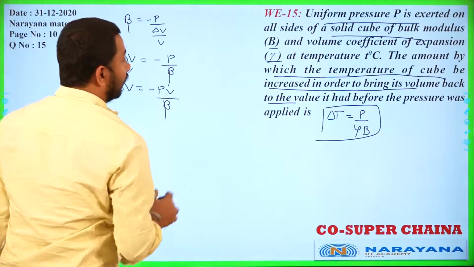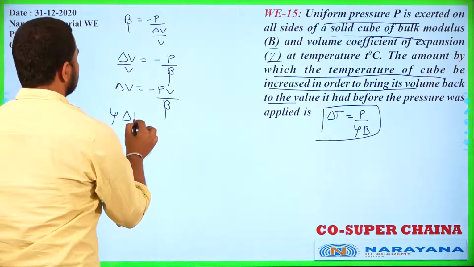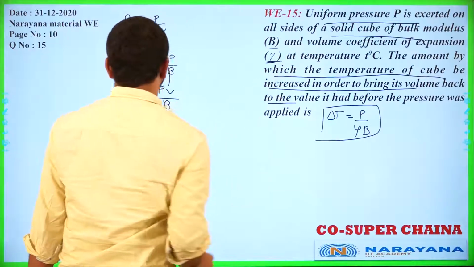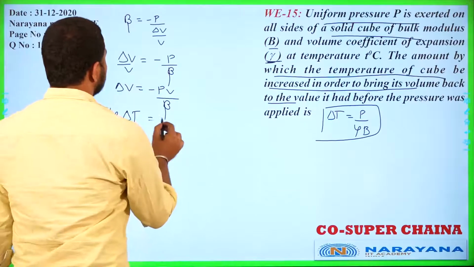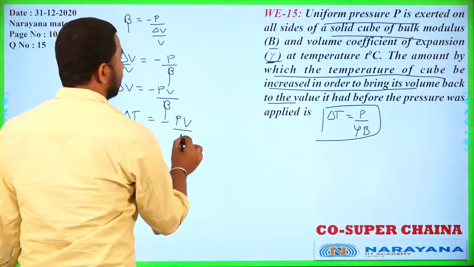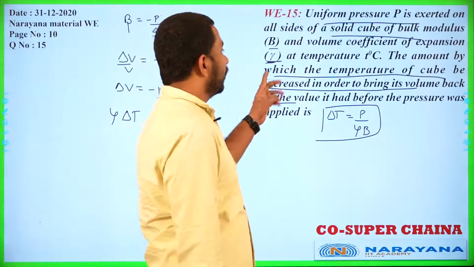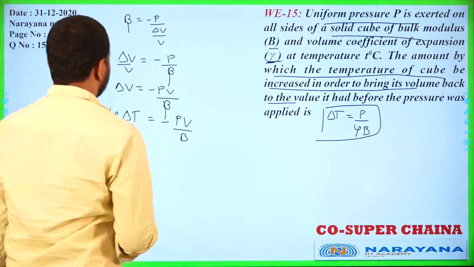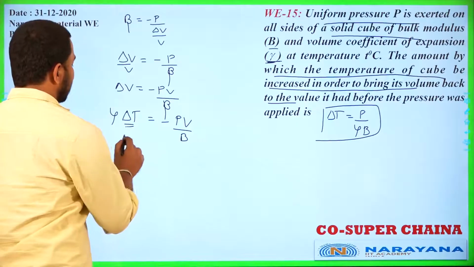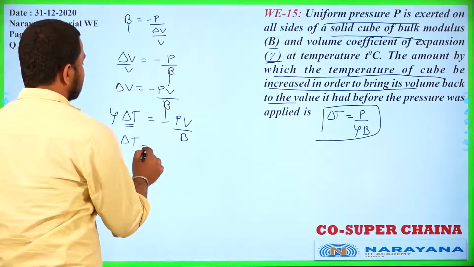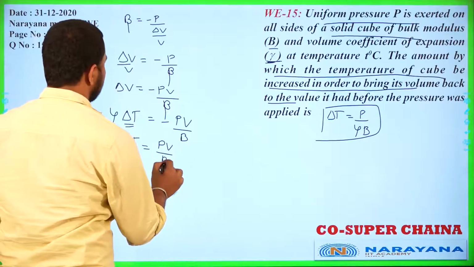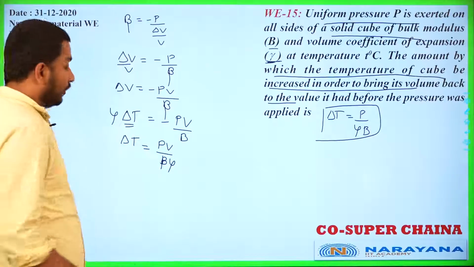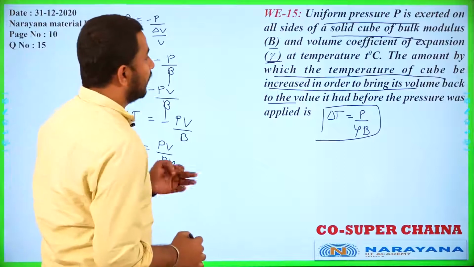The volume expansion is given by delta V equals gamma V delta T, which equals minus PV by B. What we need to calculate is the amount by which the temperature of the cube is increased, so we need delta T. Delta T can be written as PV by B into gamma.